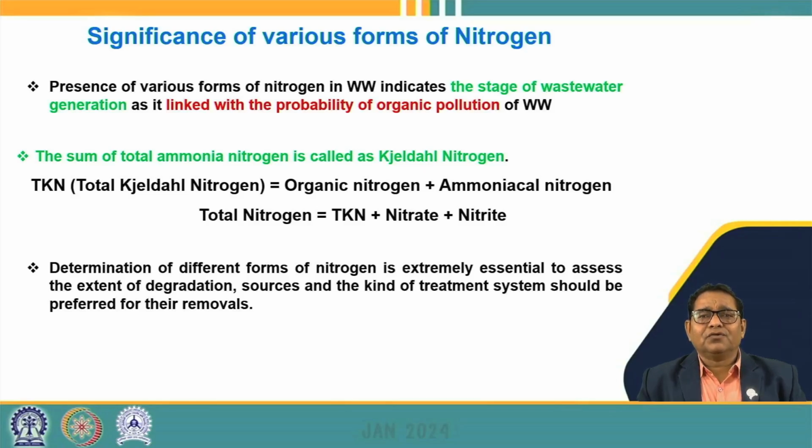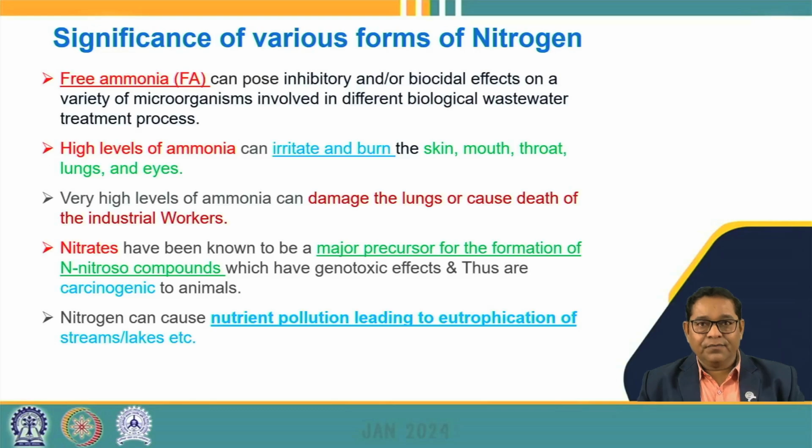Again, we also measure the total nitrogen, which is the sum of the TKN and the nitrate and nitrite forms. This indicates the sum of the total Kjeldahl nitrogen, I mean the organic nitrogen and ammoniacal nitrogen, along with the other forms of nitrogen, which are nitrite and nitrate. Determination of various forms of nitrogen is extremely essential to assess the extent of degradation, the sources, and the kinds of treatment system that have to be adopted for the management of the given industrial wastewater.